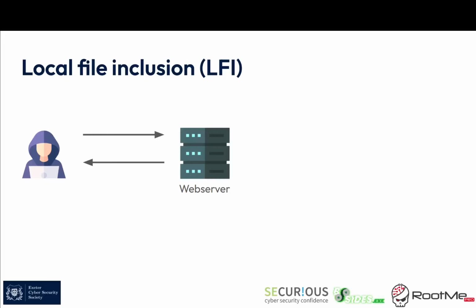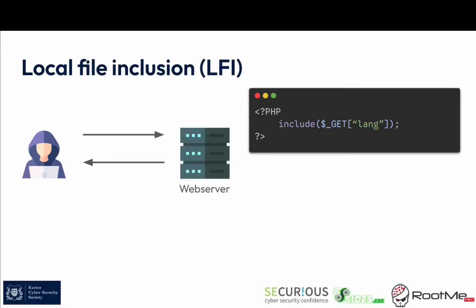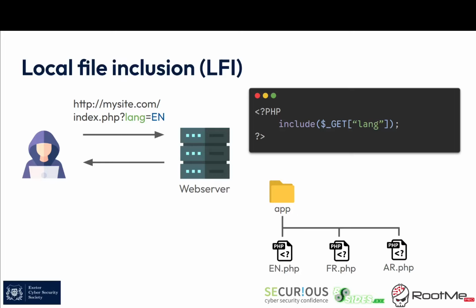The first type of file inclusion is local file inclusion. I'll give you a bit of context as to how the include function is used in the first place. Let's say I have a website with an index.php, my home page, and a parameter called lang. If I look at the file structure of my web application, I've got 3 different files.